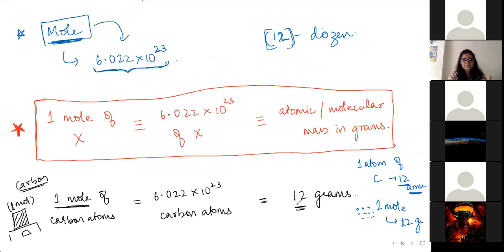So the number remains the same, atomic mass, molecular mass, just that AMU will turn into grams. You can't see a single atom, it's a very tiny quantity, so you measure that in AMU. But if you have so many of these atoms, if you bunch them together, you can see the substance, and its mass will be in terms of grams.